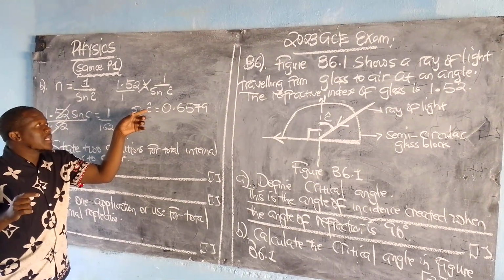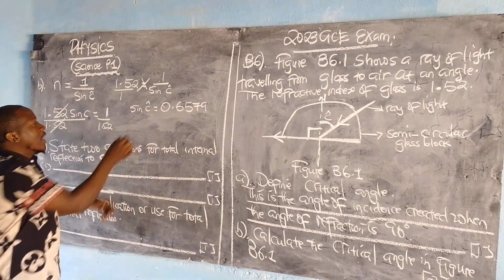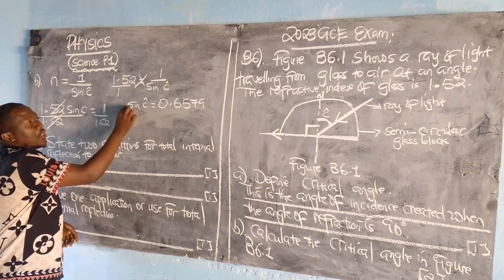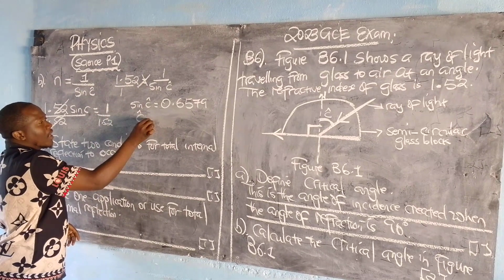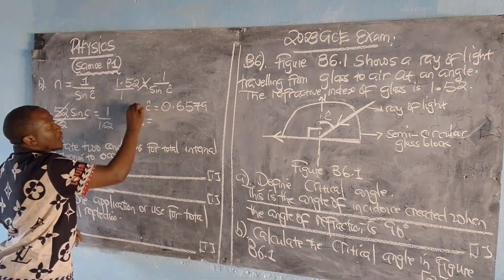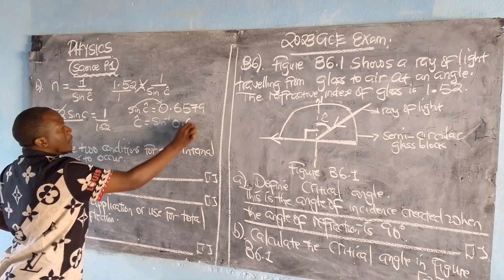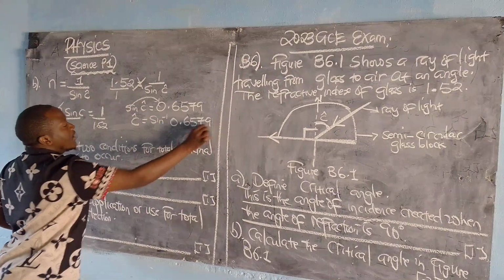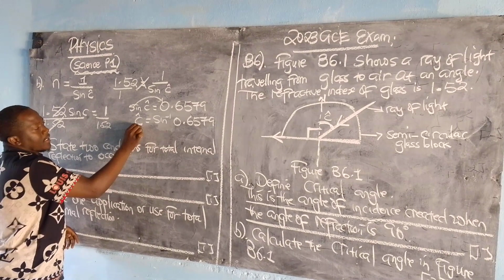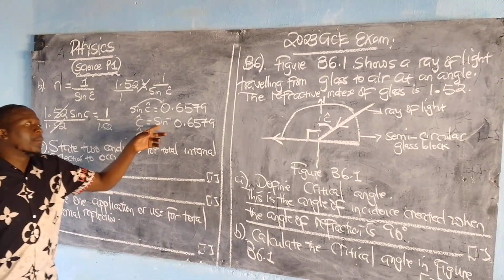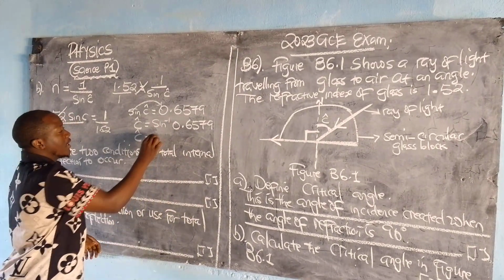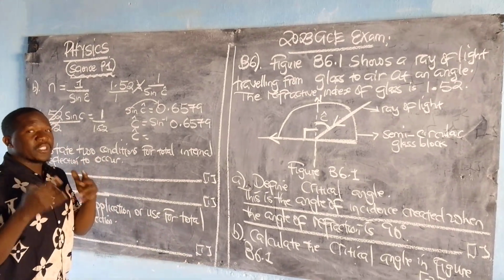Remember, we are finding the critical angle, hence this trigonometric ratio should cross over. So critical angle is going to be, when this crosses over, it becomes sine inverse of 0.6579. So C is now going to be, when you use the property of special angles, this one is supposed to give us 42 degrees.